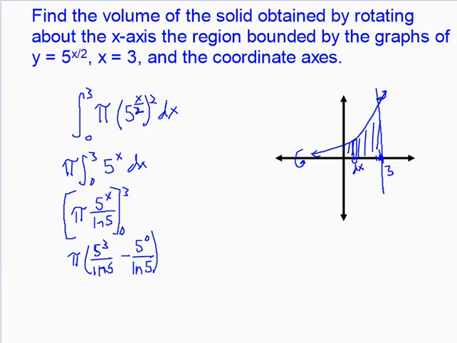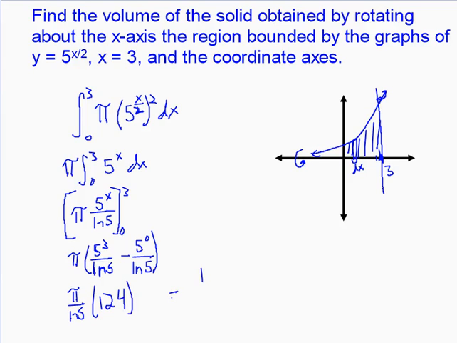So this is supposed to say natural log of 5. We could factor out a natural log of 5, so we have pi over natural log of 5, and this is 125 minus 1, so 124.